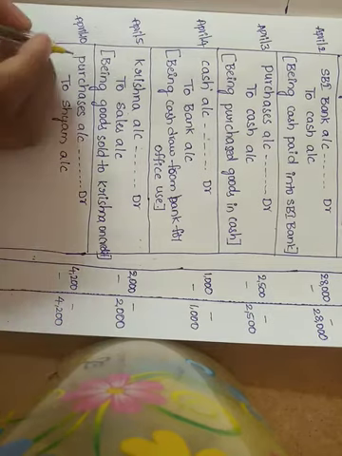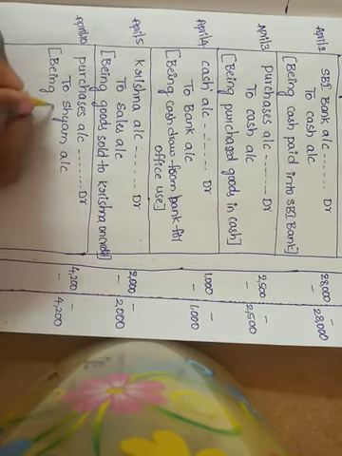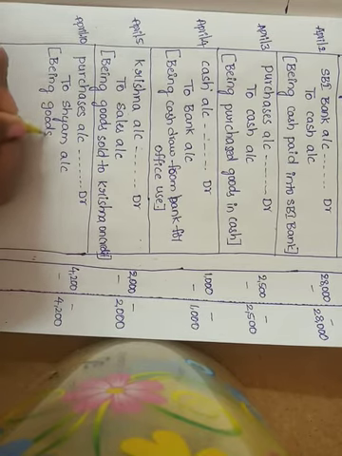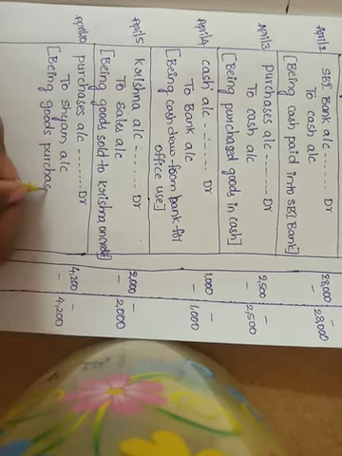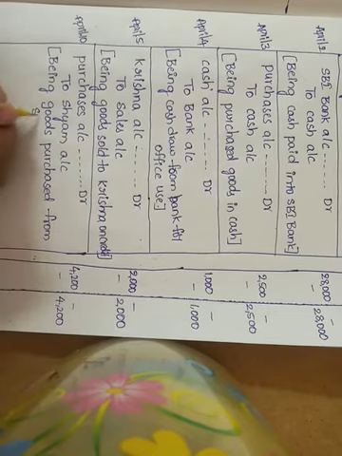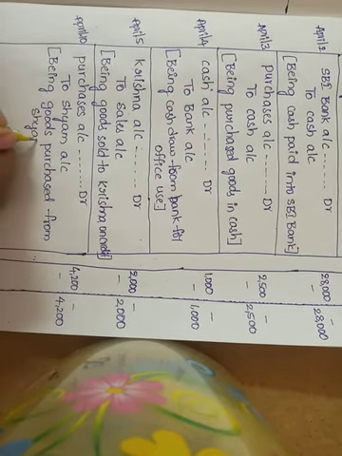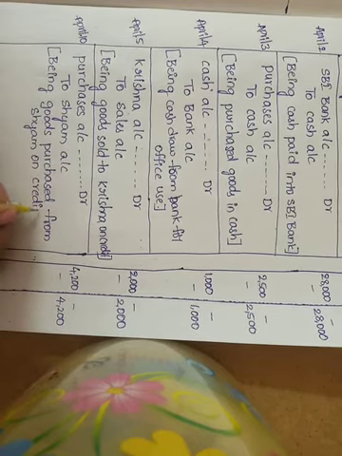Okay, so narration is being goods purchased from Sham on credit.